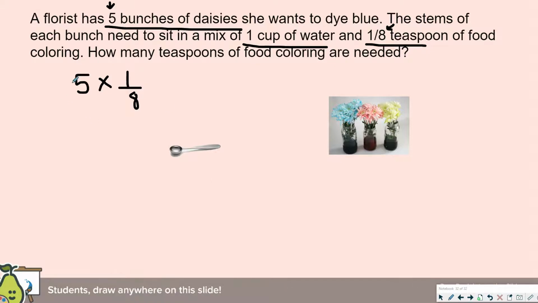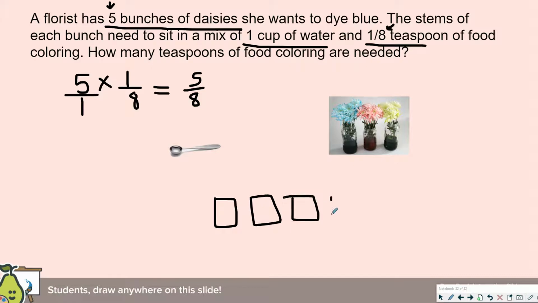Okay, remember I can turn this 5 into a fraction by putting a 1 under it. Every time it's going to be that 1 if I'm dealing with a whole number. Then I multiply straight across. 5 times 1 is 5. 1 times 8 is 8. Now I could show you my 5 bunches of daisies. 1, 2, 3, 4, 5. And this is going to have 1/8.